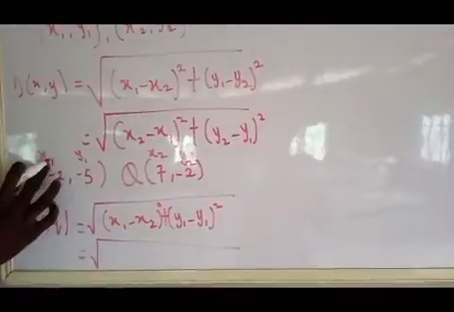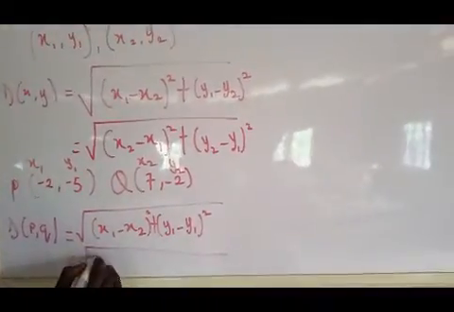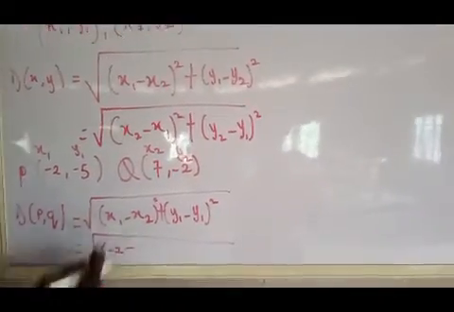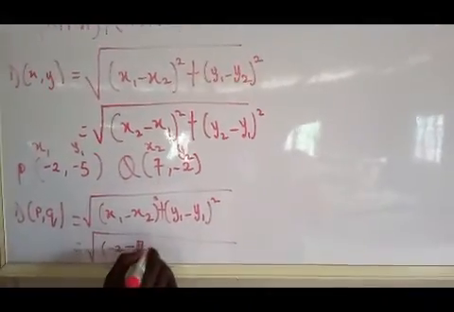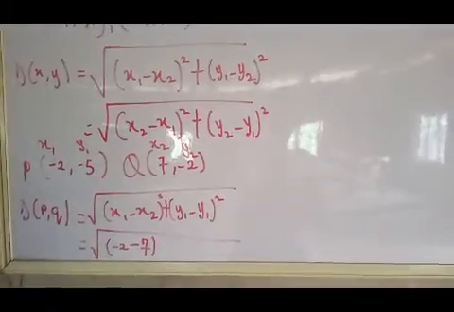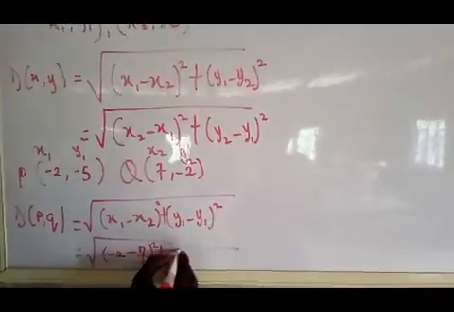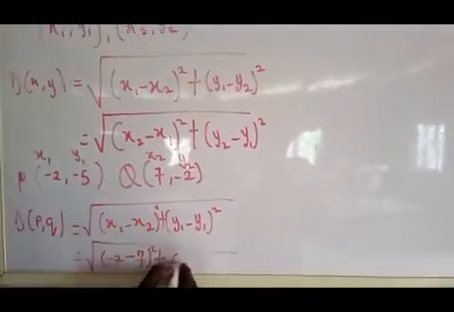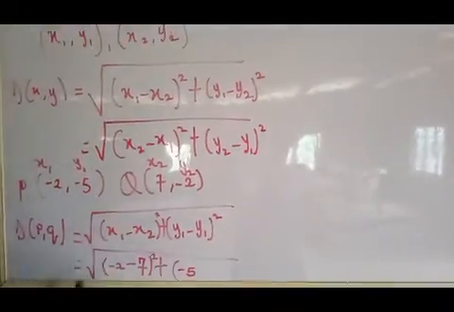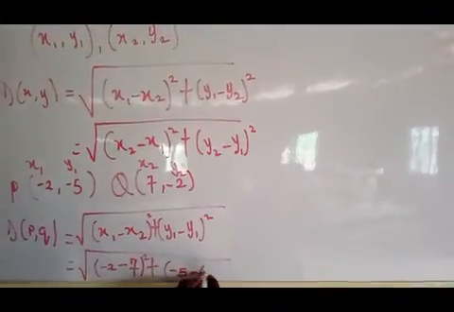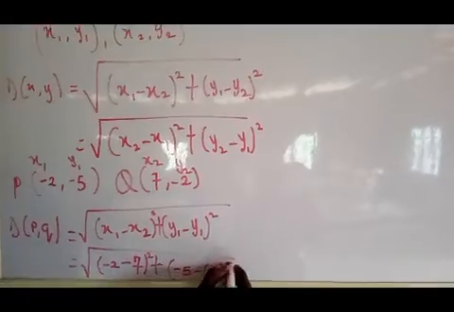So x1 is -2, minus x2 which is 7, close the bracket. Plus, don't forget the square here, y1 which is -5, minus y2 which is -2, but a minus is there, so you put it in bracket again, square.